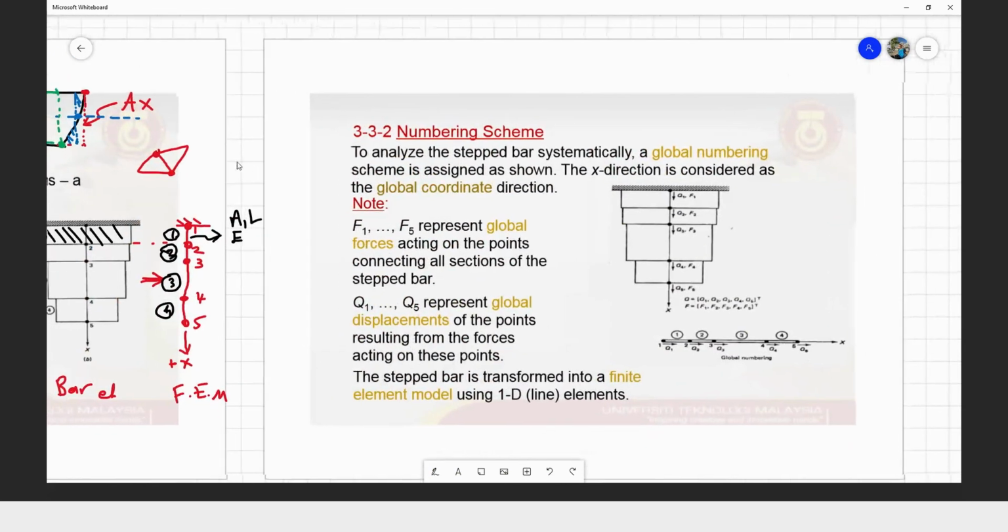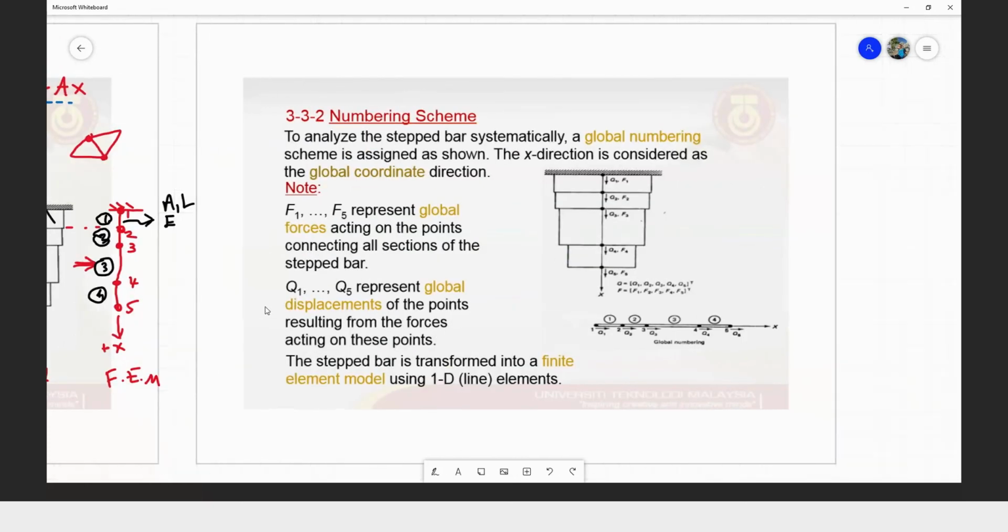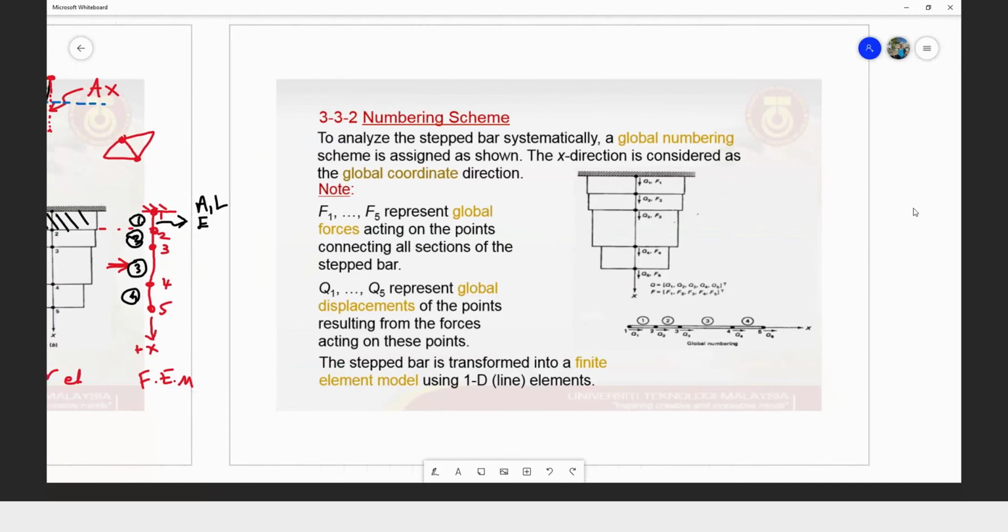So now we look at the numbering scheme. Okay, numbering scheme saya dah discuss tadi. So kita dah discuss. Because why we need to consider this numbering scheme? Because we are actually working with finite element. Finite element is just the mathematics.